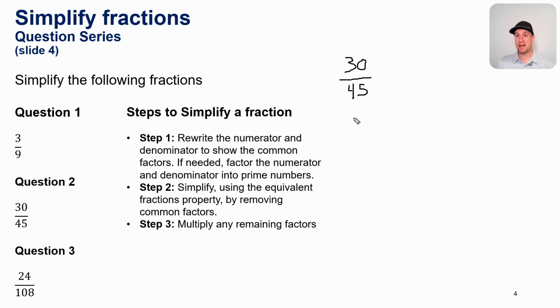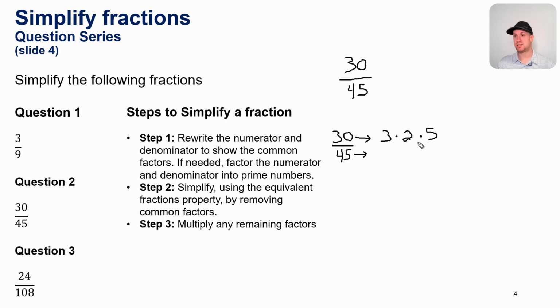If I look at restructuring for common factors, we might see that 30 and 45 have a couple of common factors. In fact, if I was to change these to prime numbers, 30 can be rewritten as 2 times 3 times 5, from smallest to largest.